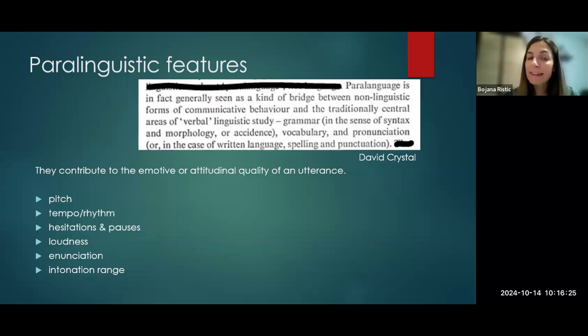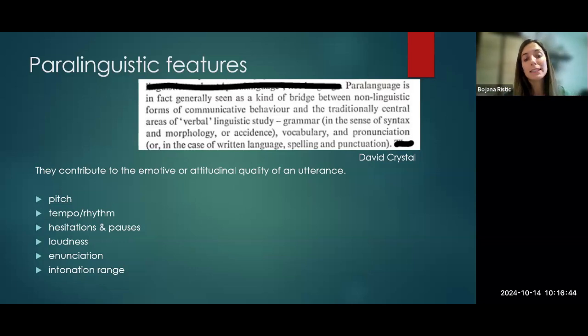The most important thing is that these paralinguistic features contribute a lot to the emotive, emotional, or attitudinal quality of an utterance, of what we say, right? And this is not the complete list.